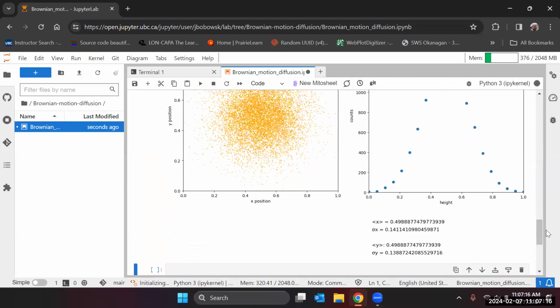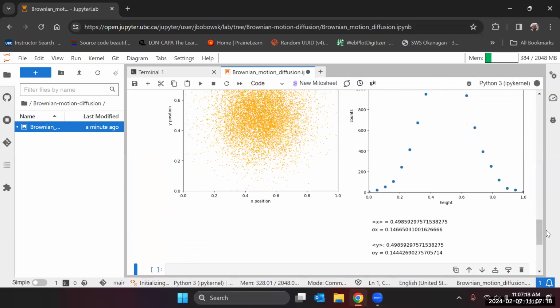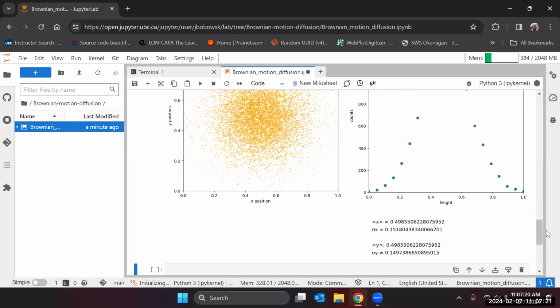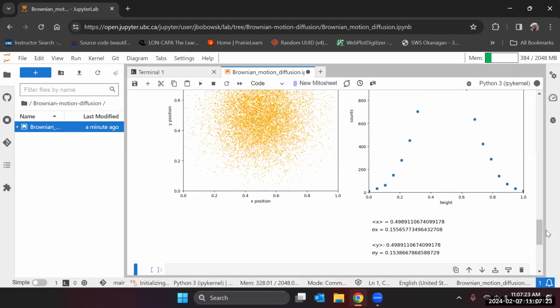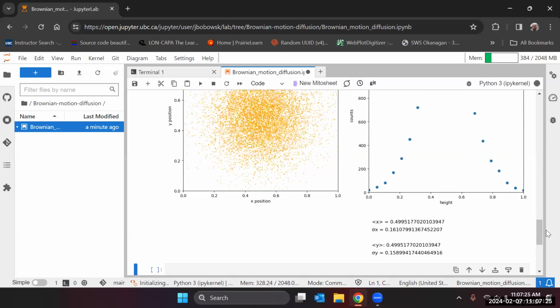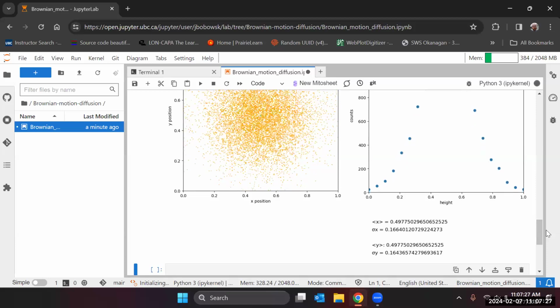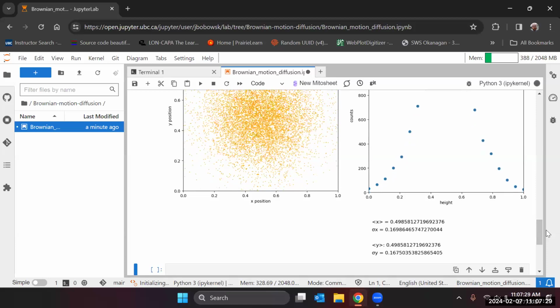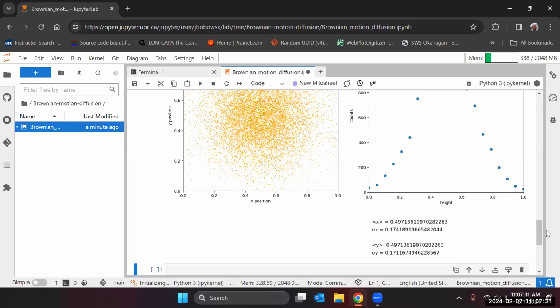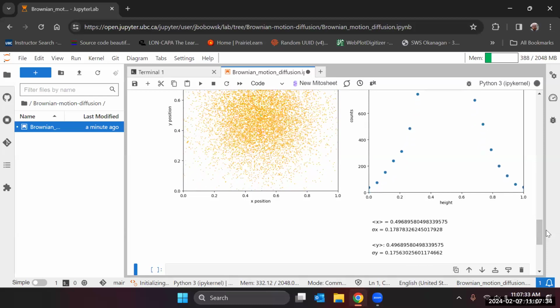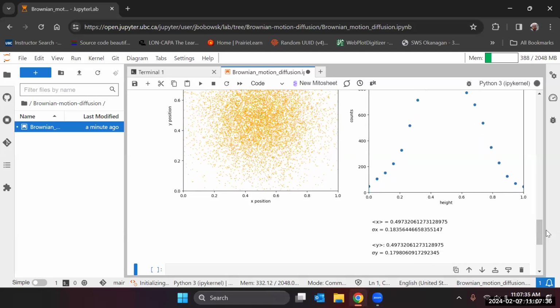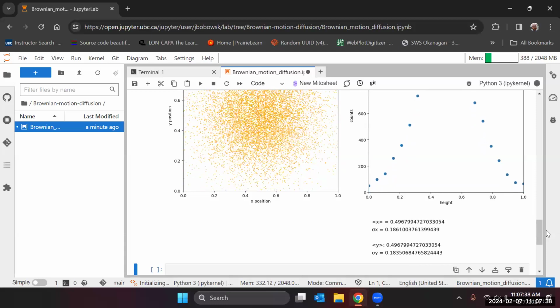I'm also calculating the average positions at every step, and you can see that it's always 0.5. Even though these things are spread out, if we calculate the average position, it's always 0.5, because whenever we have one over here, there's one over here, and when you add them up, they average out to be in the middle.